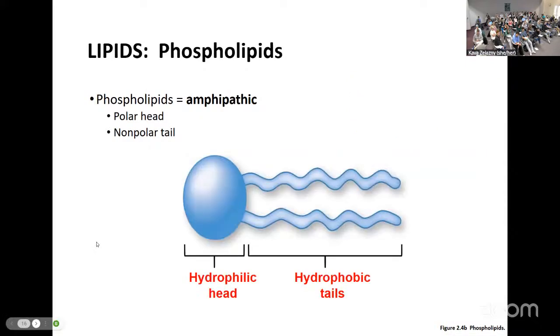So here's another drawing of a phospholipid. We have that hydrophilic head attracted to water, it's polar. We've got those hydrophobic tails, they're repelling water. They're just typical hydrocarbons, just like the fatty acid tails on a fat or oil.